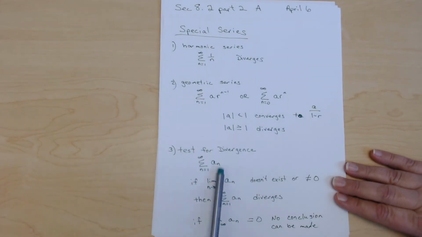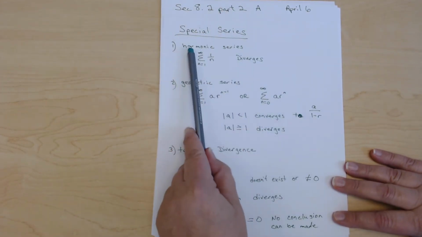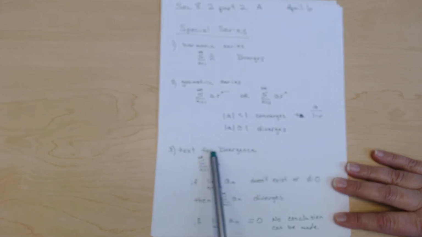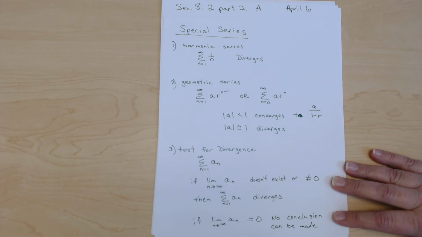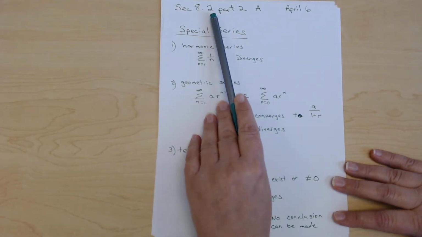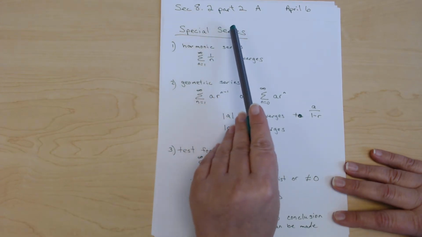Okay, this here is a review. This was what we did in part 1, 8.2 part 1. We did the harmonic series, the geometric series, and the test for divergence, okay? Now today we're going to add one more piece to that, but I just thought I would kind of keep track. Remember, 8.1 dealt with sequences, which was great, but now from now on we're going to be dealing with series.